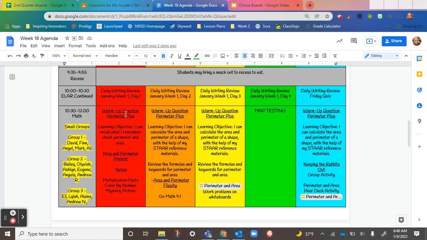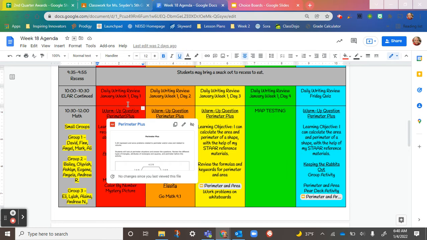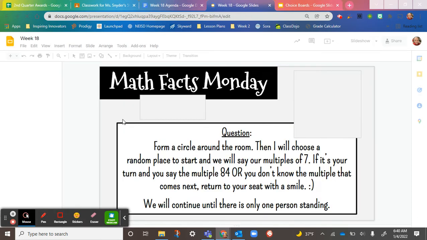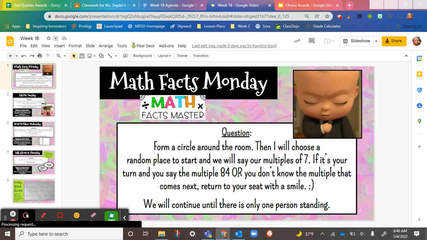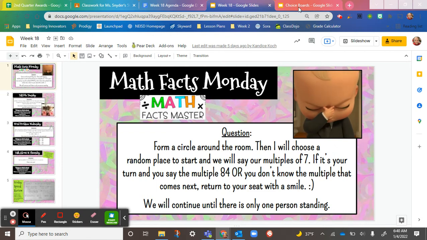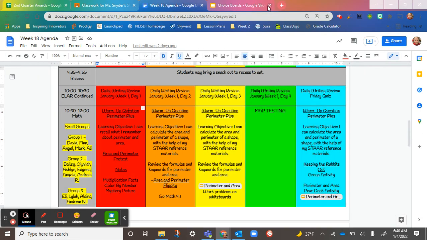Then in math, you can click here. Oh, no, click here. And this is just our warm-up question. So we got in a big circle and we played a game with multiples, just practicing our multiples of 7. And then we haven't gotten to this yet, the perimeter plus. If we have time today, we'll start it. And then we reviewed perimeter and area.